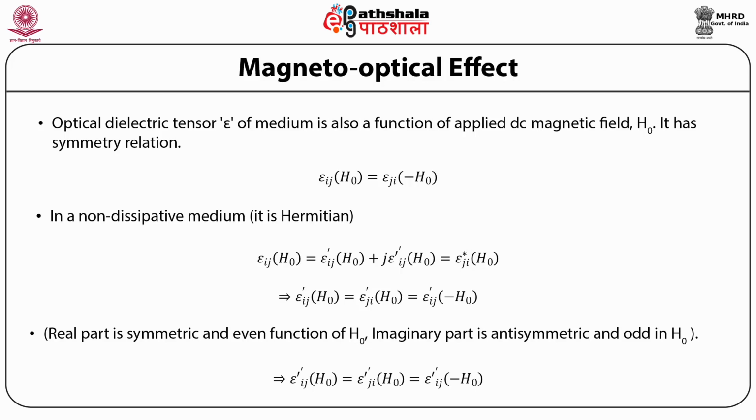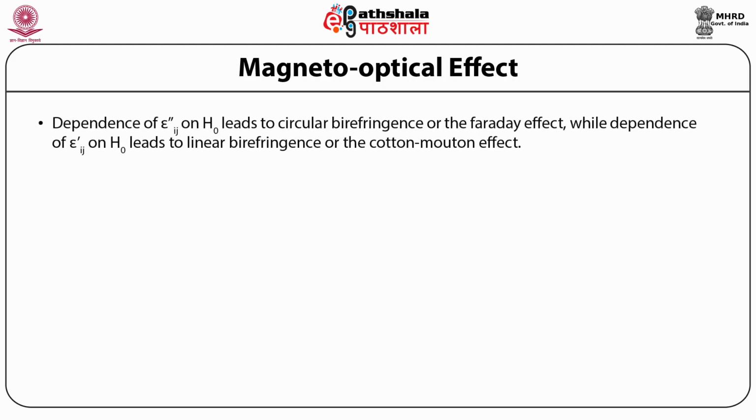So this implies ε''_ij(H₀) equal to −ε''_ji(H₀) equal to −ε''_ij(−H₀). The dependence of ε''_ij on H₀ leads to circular birefringence or the Faraday effect, while the dependence of ε'_ij on H₀ leads to linear birefringence or the Cotton-Mouton effect.